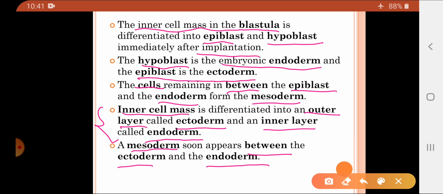So, by the movement of the cells of the inner cell mass, 3 layers are formed. The outer layer is called ectoderm, the middle layer is called mesoderm, and the inner layer is called endoderm. All these 3 layers together are called the germinal layers.